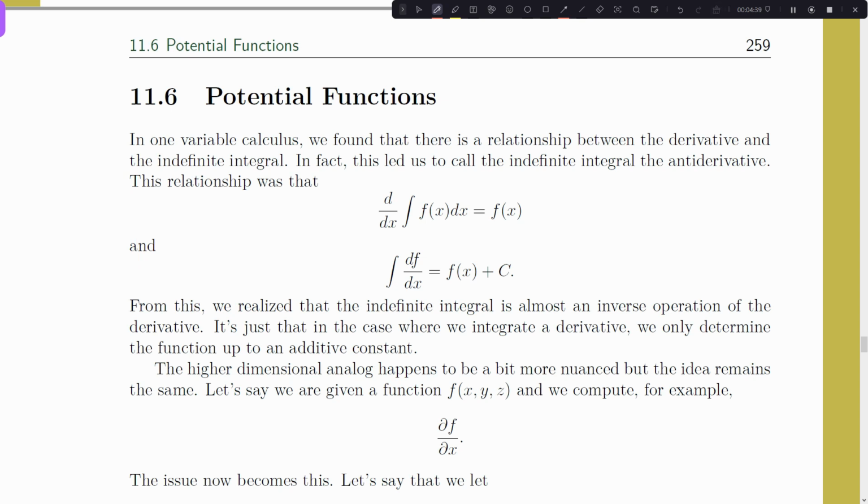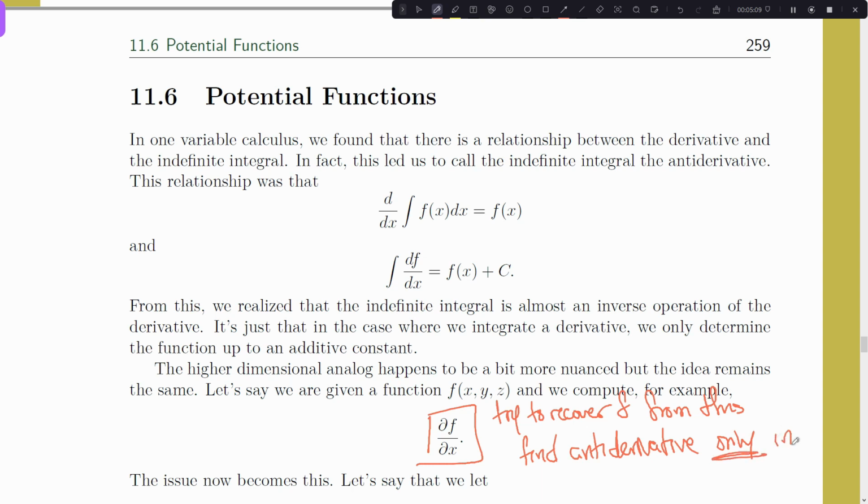So let's just look at one of these partial derivatives, partial f partial x, and try to recover f from this. Well, it shouldn't seem that difficult to recover f from a partial derivative with respect to x: we would find an antiderivative only in x.